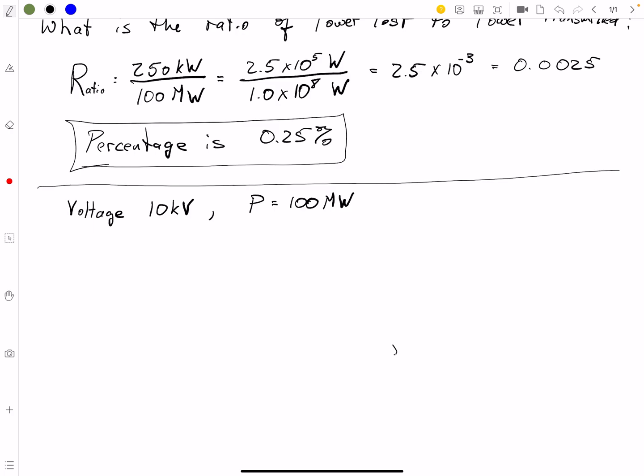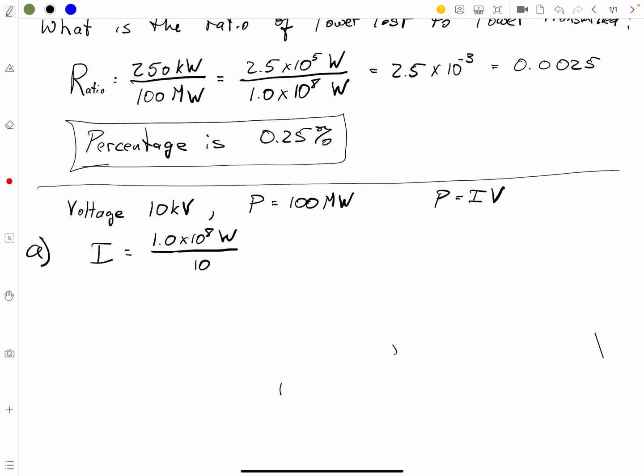Let's just solve P equals IV, and we'll solve that for our current. So this is A. Our current is equal to our power divided by our voltage. 1.0 times 10 to the 8 watts, and we're going to divide that by, in fact, I don't like putting the 1 on there.